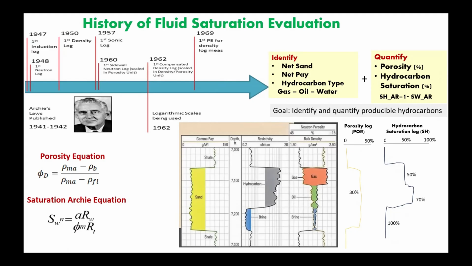The porosity equation was developed first, then Archie later on used this porosity to quantify the fluid saturation. So we'll see the porosity is an input into the saturation evaluation.